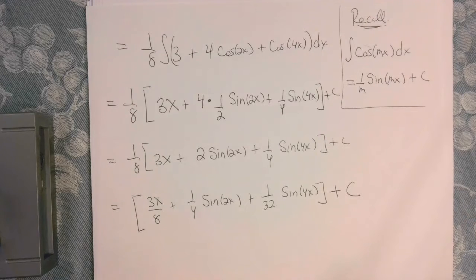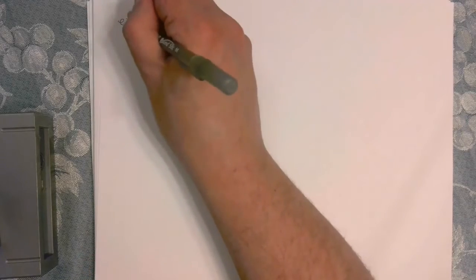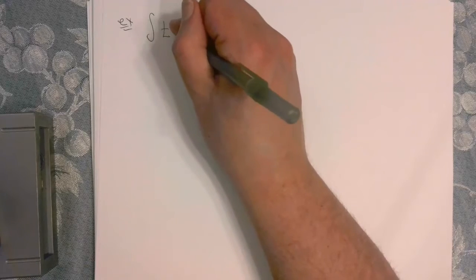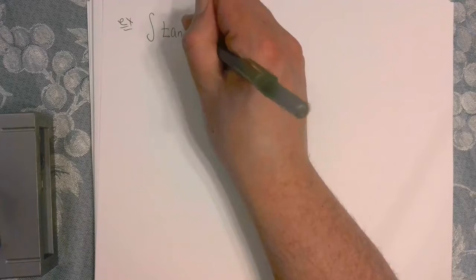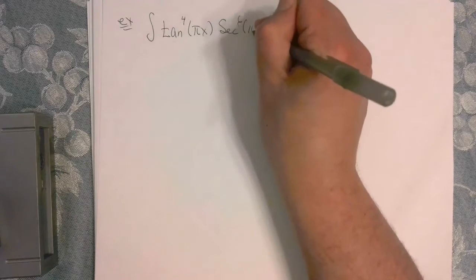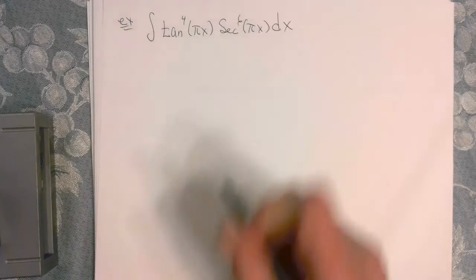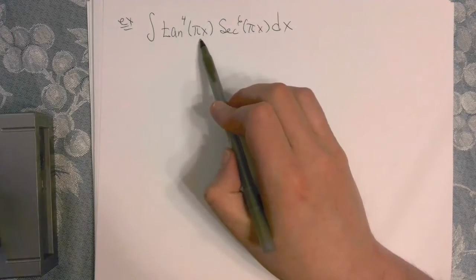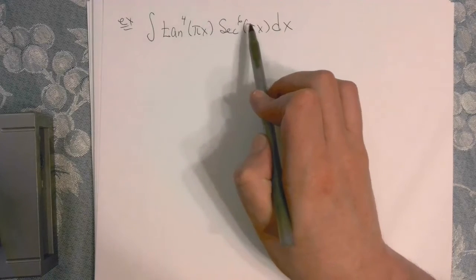And so now let's look at some integrals involving tangent and secant. Okay, so here we've got the integral of tangent to the 4th of pi x times secant to the 6th of pi x dx.